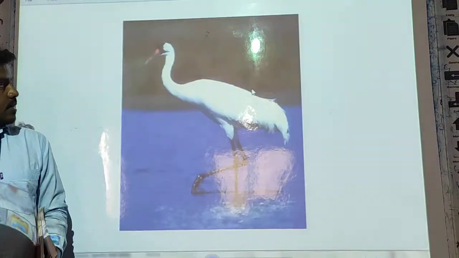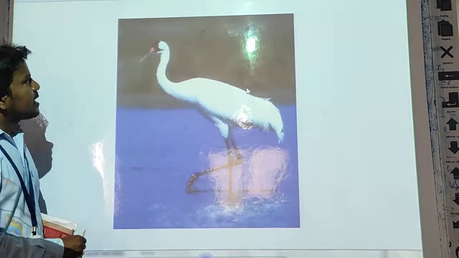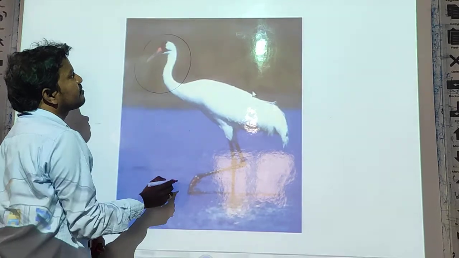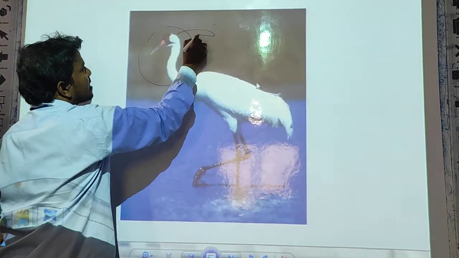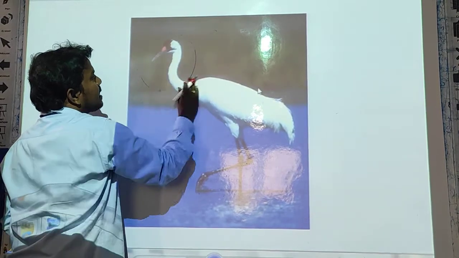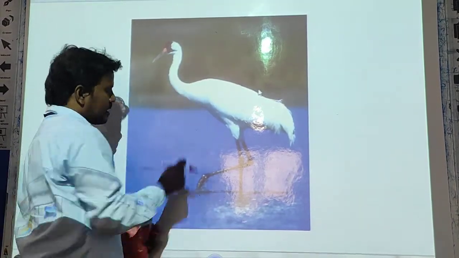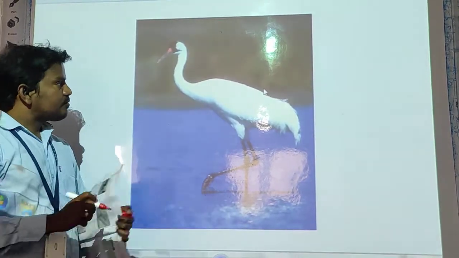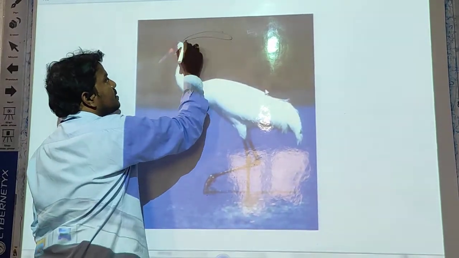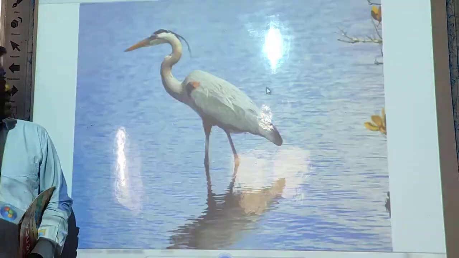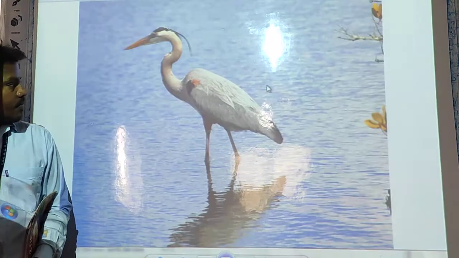See, this is the picture, crane. Here you have to observe the head of the crane. There is no tail or any other feathers on the head. But in the herons we can see some feathers, like a tail.